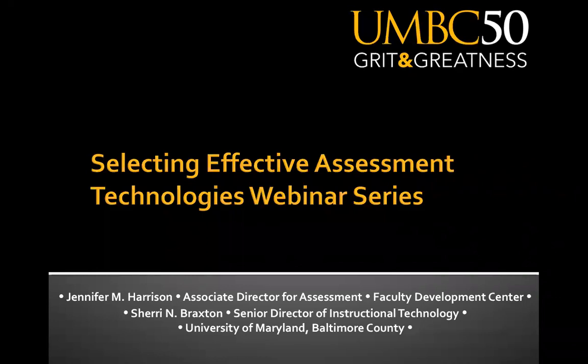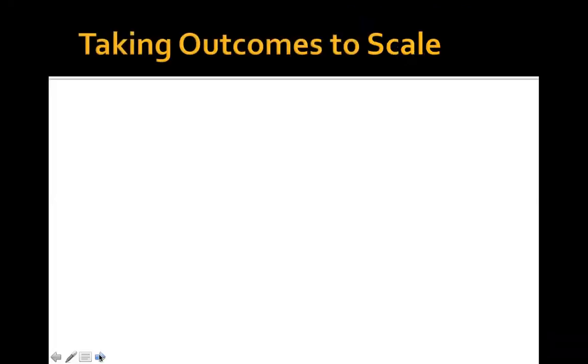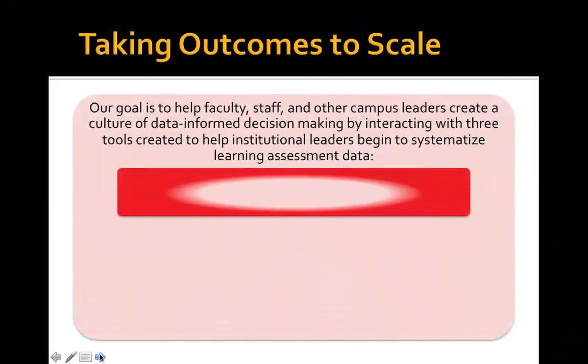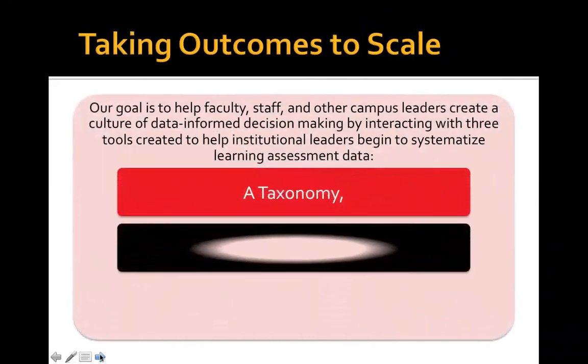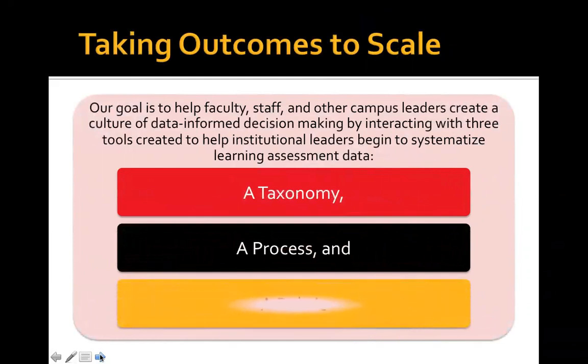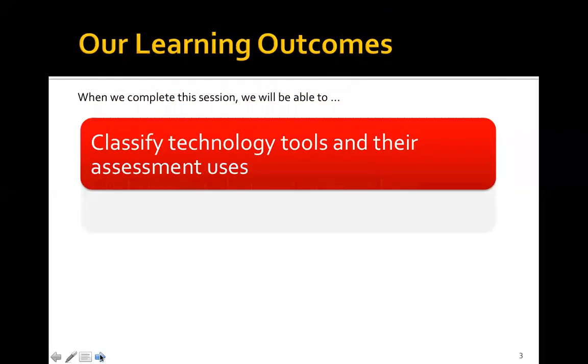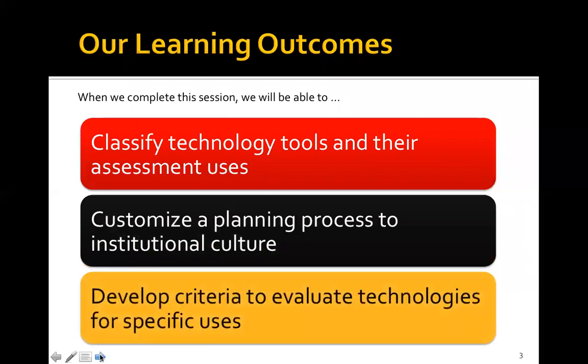So as we promised, we were talking last week about a taxonomy, a process, and a rubric with the goal of finding ways to create connections across institutions. Essentially, we wanted to help you to classify technology tools, and that's why we asked you to go back to your campus and take a look at the technology tools and how they're being used, and we asked you to use our taxonomy to think through that.